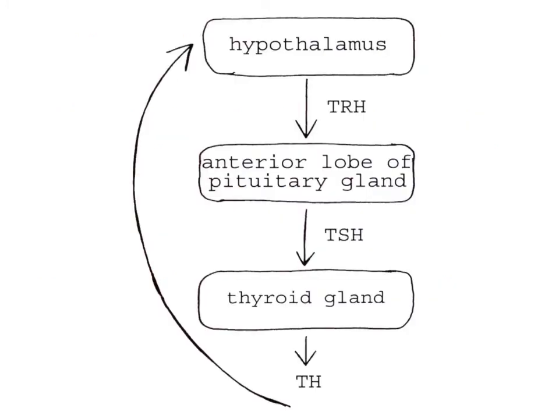It's absolutely vital that the level of hormones in the blood are at just the right homeostatic concentrations. We don't want too much of a hormone, and we certainly don't want not enough of a hormone. So here we see the example of the thyroid hormone. We want just the right amount of thyroid hormone.